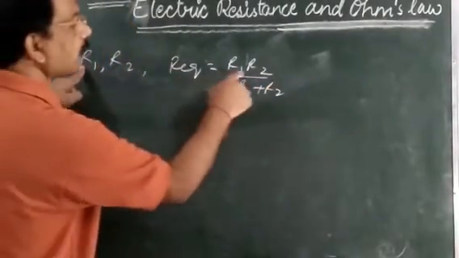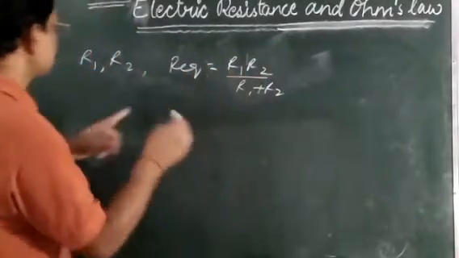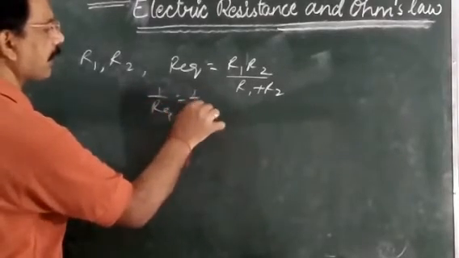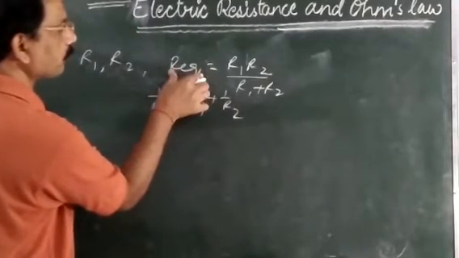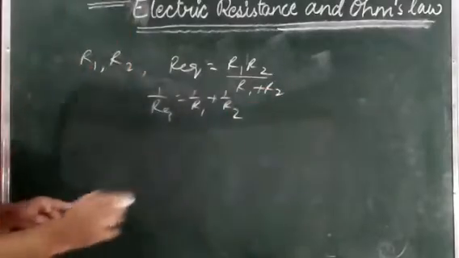This formula is used only for two resistors joined in parallel. It comes from 1 upon R equivalent equals 1 upon R1 plus 1 upon R2, so directly you can use R equivalent is equal to R1R2 upon R1 plus R2.